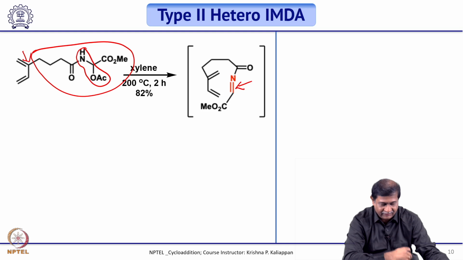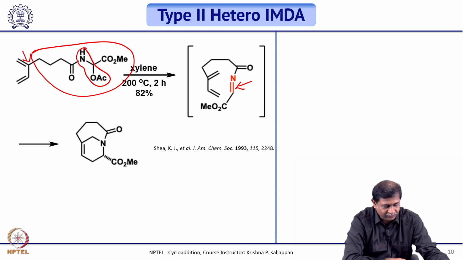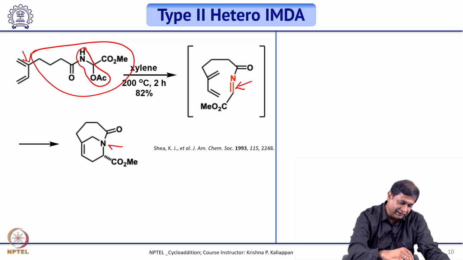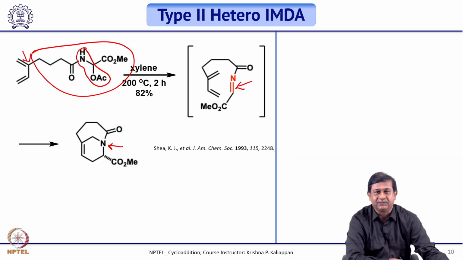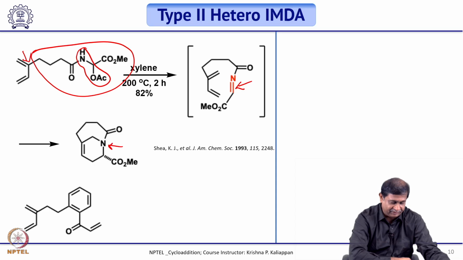Now, this will undergo intramolecular type 2 Diels-Alder reaction to form a very interesting bicyclic compound having a nitrogen at the bridgehead position. So, this is a very clever way to make such bicyclic system with nitrogen at the bridgehead position.